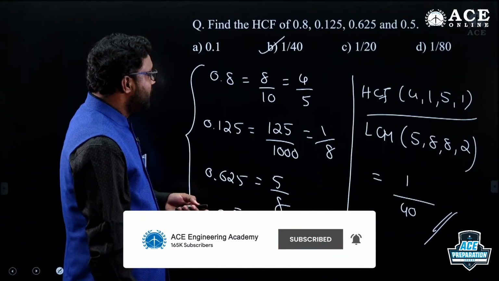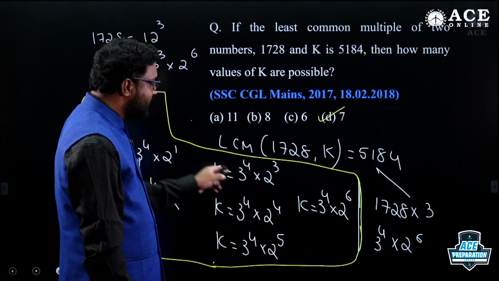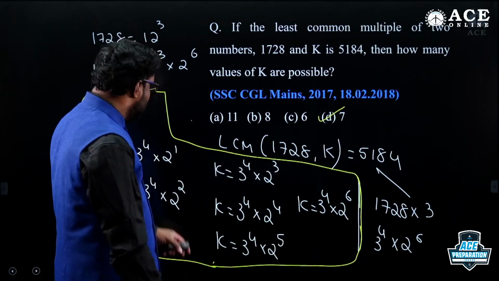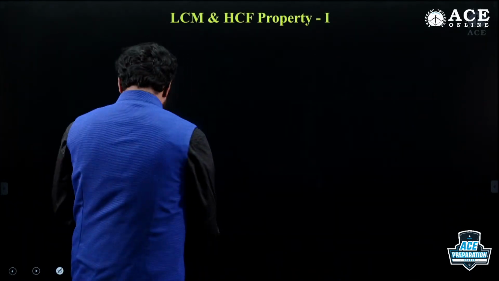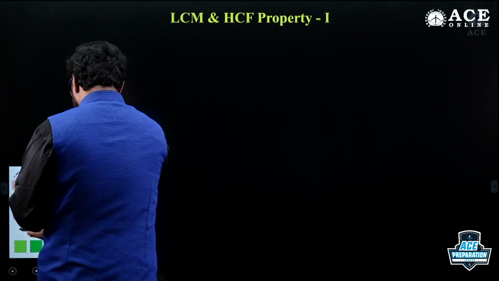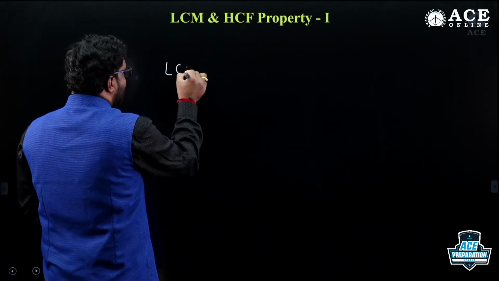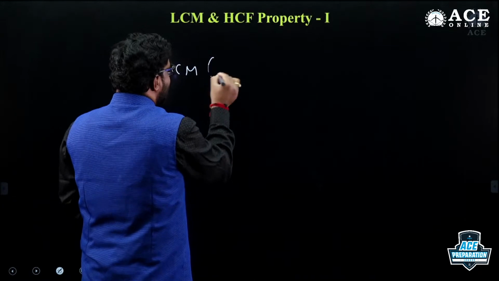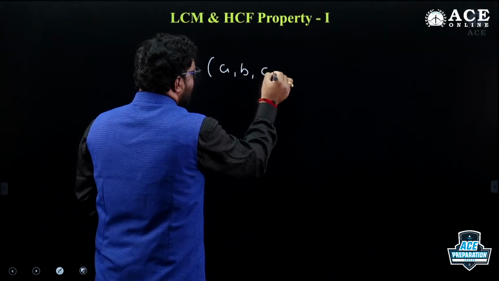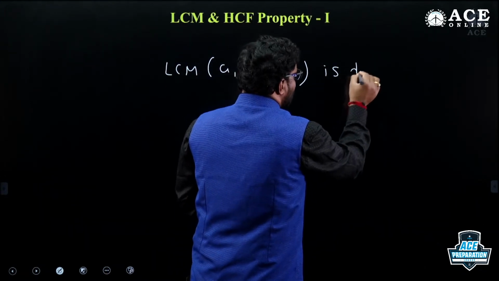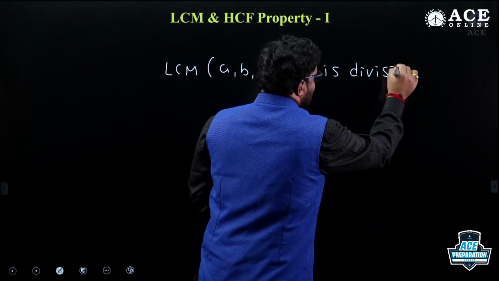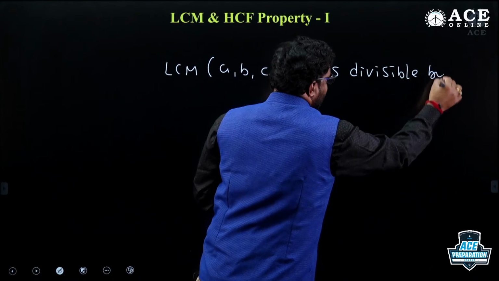Now let's go for the properties, my dear friends. Hope you understand the 7 numbers possible for k. Now LCM and HCF, first property, a very simple property. LCM must be divisible by HCF for the same numbers. Suppose you take A, B, C, or maybe A, B, C, D. LCM is definitely divisible by HCF.